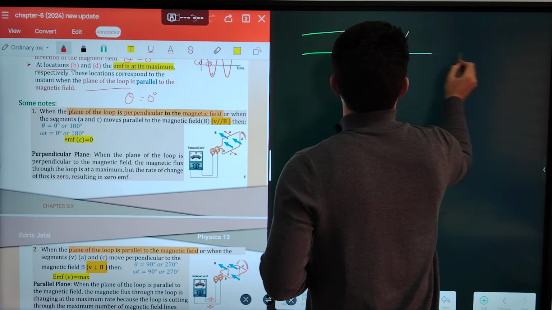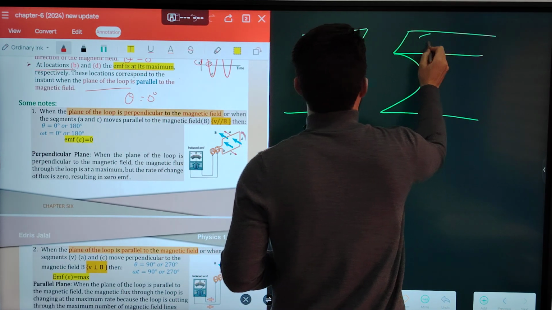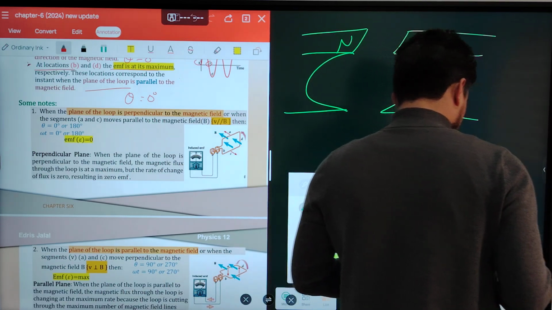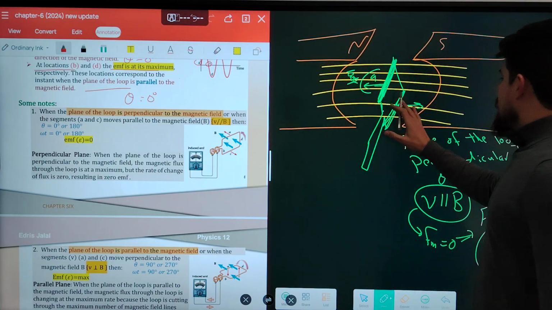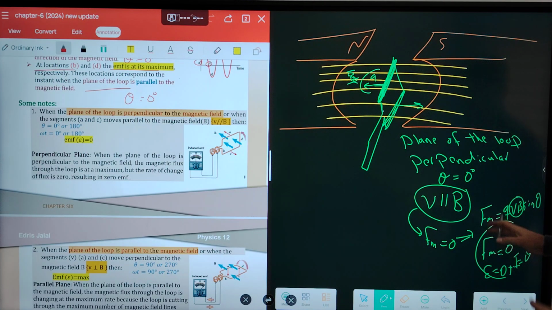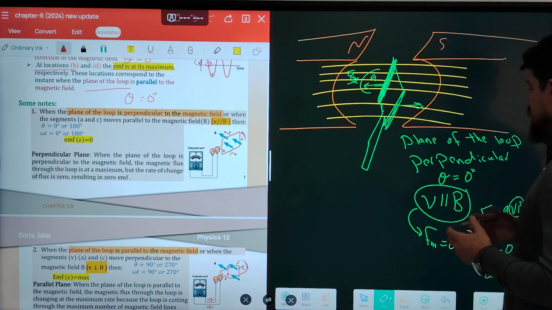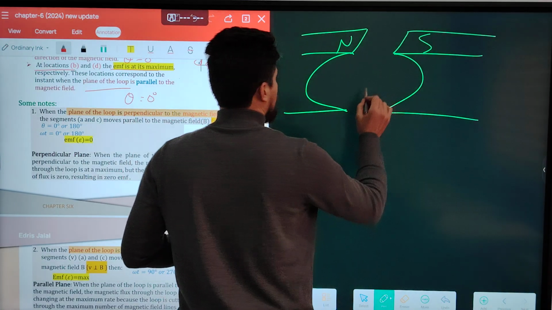Assume this is the magnetic field, north, south. As we know, when the plane of the loop is perpendicular, the angle between V and B is 0 or 180, the magnetic force is 0, and no current is induced.